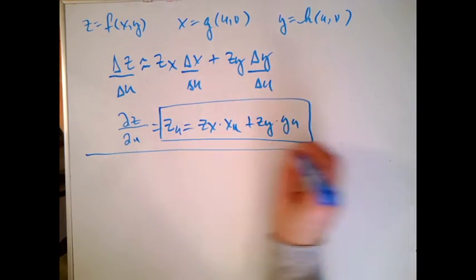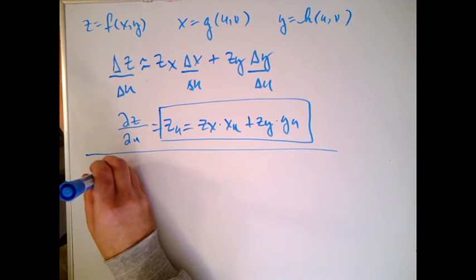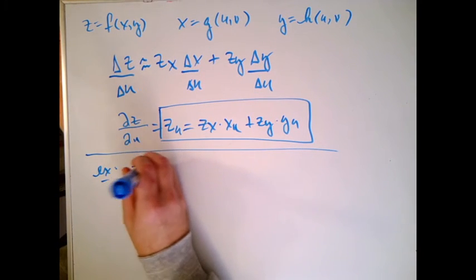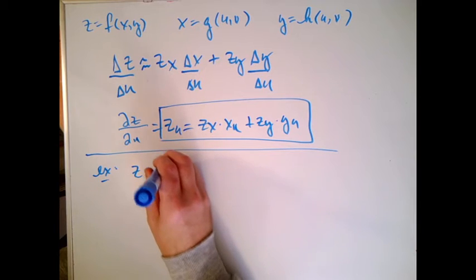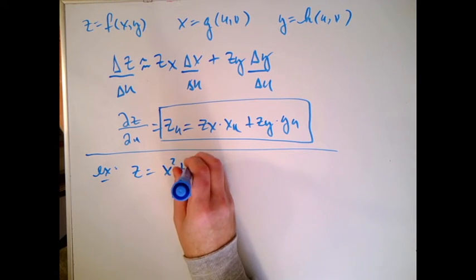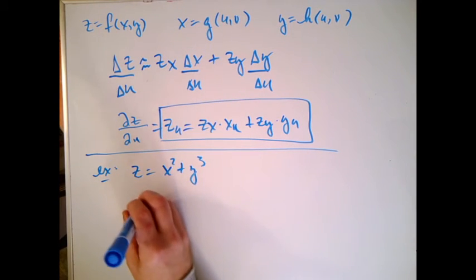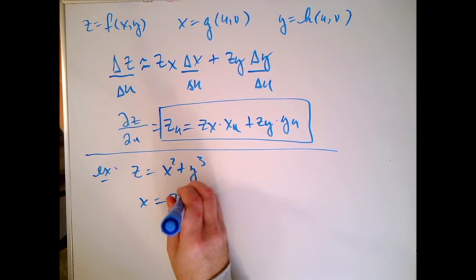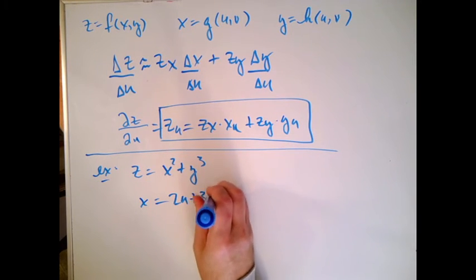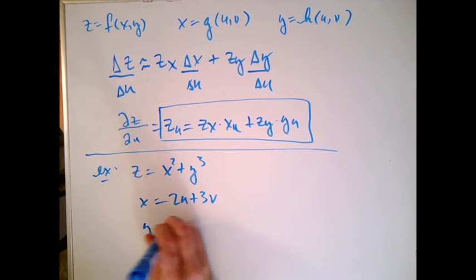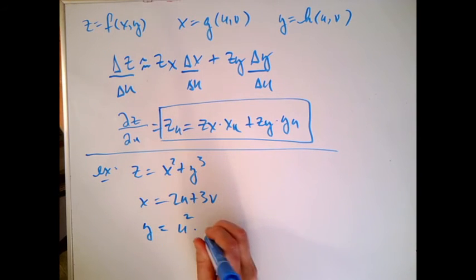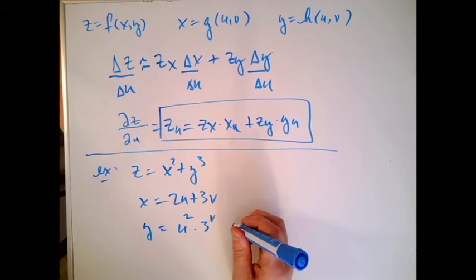Now for a quick example, let's just make up something quick. How about z equals x squared plus y cubed? And then x, how about something like 2u plus 3v? And then y equals, how about u squared times 3 to the v, like that.